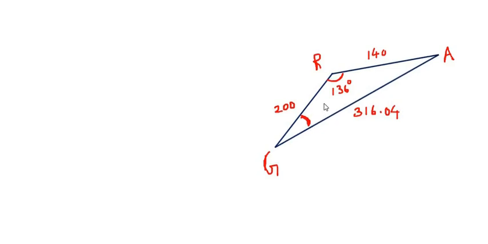In this case, we can see that three sides are given and one angle is given. So the best way to do it is using the sine rule. So if I take this as x, I can write the sine rule as sine of angle x over the opposite side to it, which is RA, and it has a side of 140 kilometers.